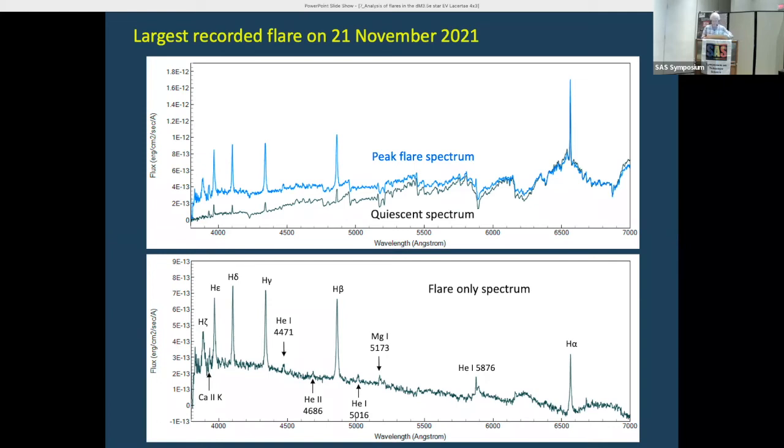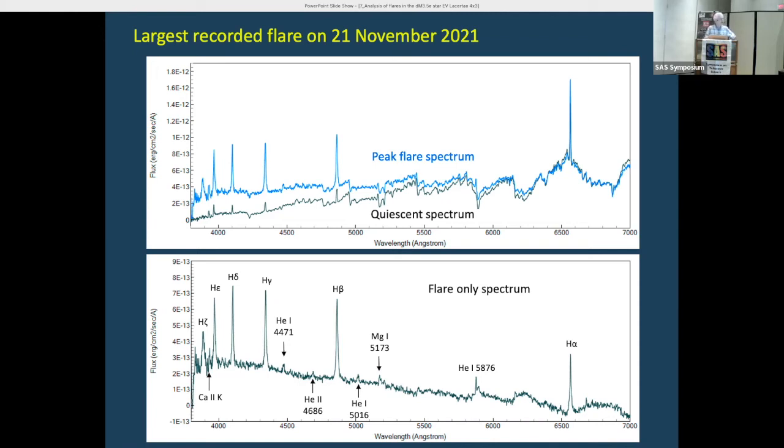That's the energy, and the vertical axis is now calibrated in absolute flux in ergs per square centimeter per second per angstrom. So you can see that the Balmer lines really are very prominent, but we're also starting to pick up small levels of emission in helium-1, magnesium-1, and possibly also in helium-2, and certainly in calcium-2K.